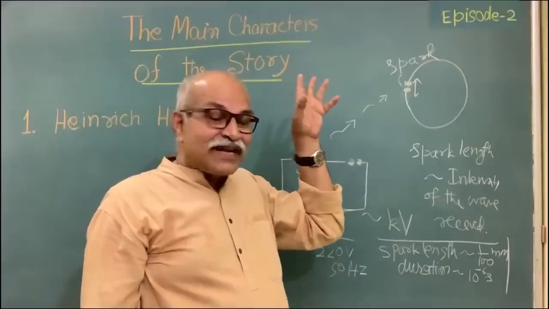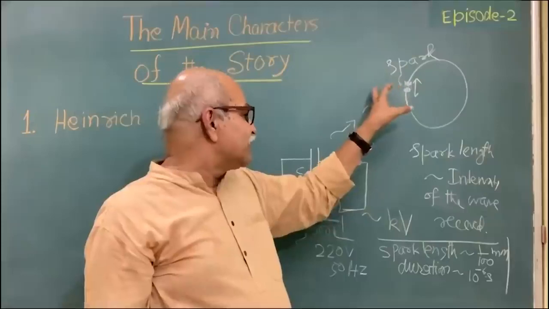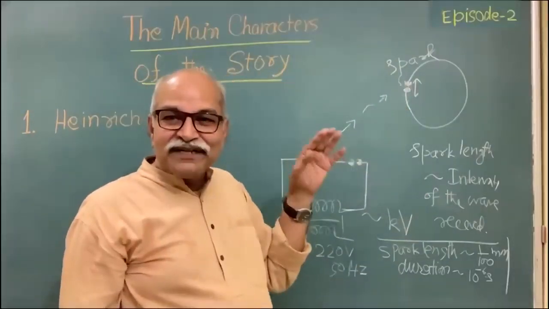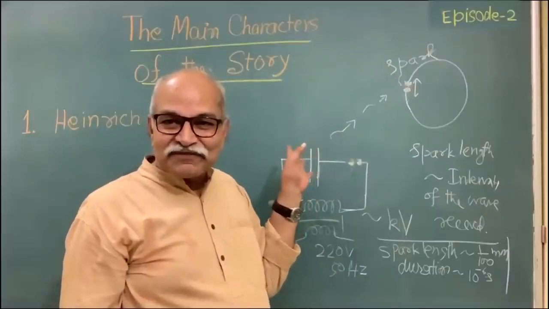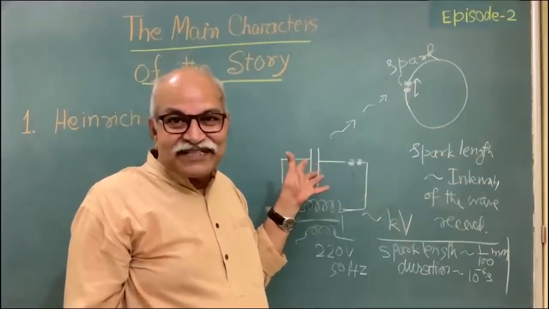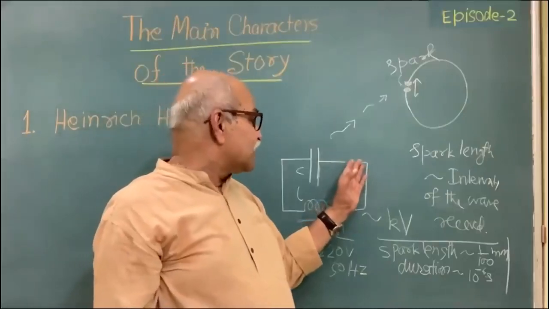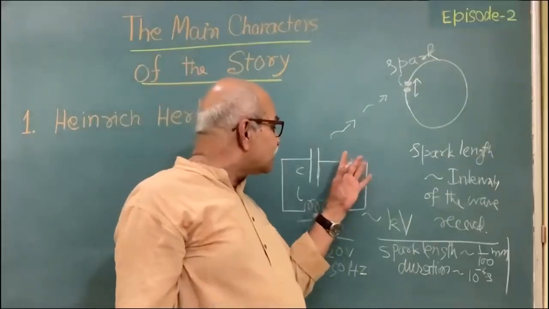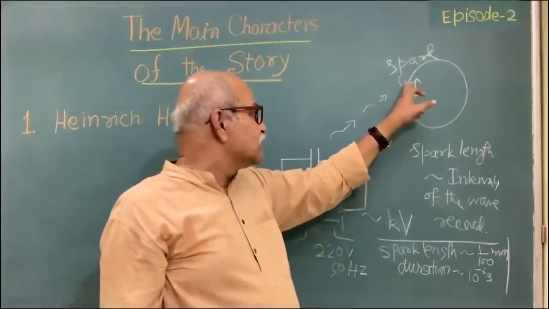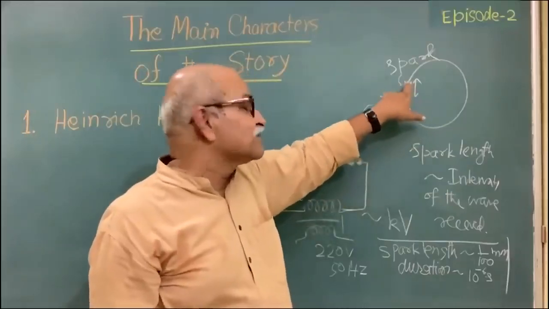This is visible light. And the frequency of the main, target EM wave is decided by the square root of 1 by inductance times capacitance, and that could be in the radio wave or microwave region. So these are two different things. The light generated from here falls on these spheres, these metal balls, and that is affecting the spark length.